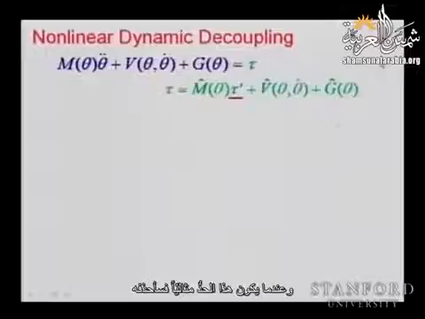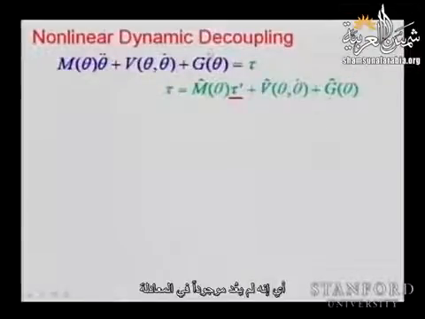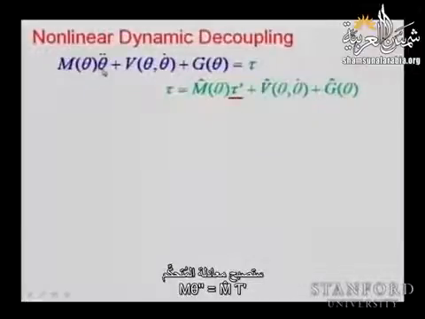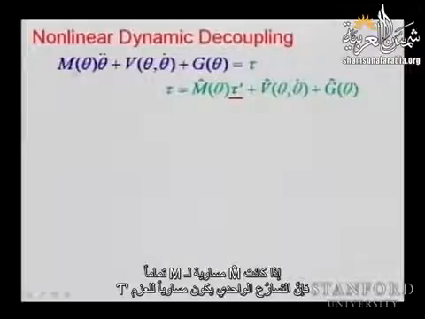Essentially, if this estimate is perfect, I take this out. So this is not anymore in the equation, right? If this estimate is perfectly equal to this, this will drop. Your controller will be M acceleration equal M hat torque prime. If M hat is exactly equal to M, your unit acceleration is equal to torque prime.